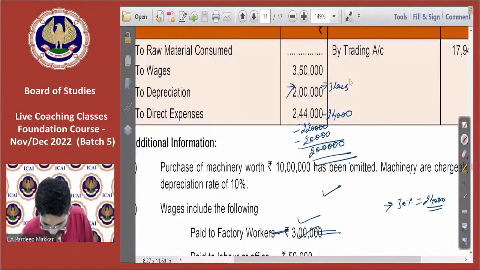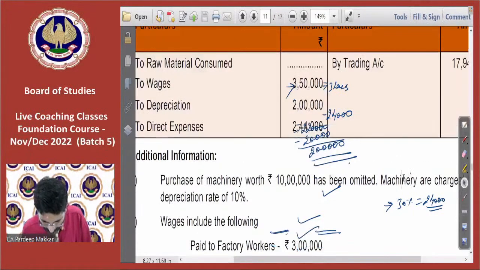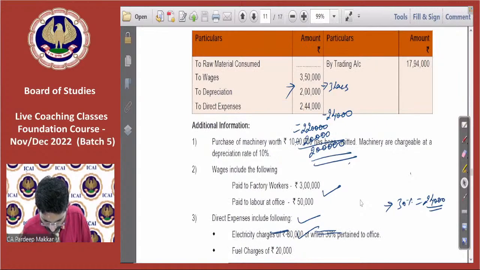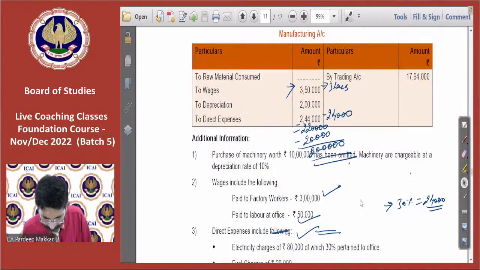This should be 3 lakh. This should be 2 lakh.